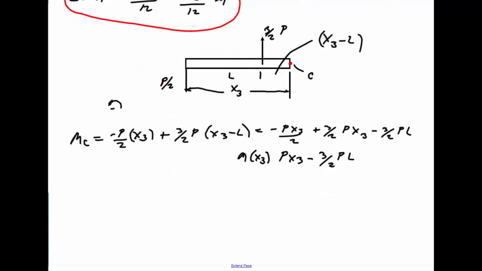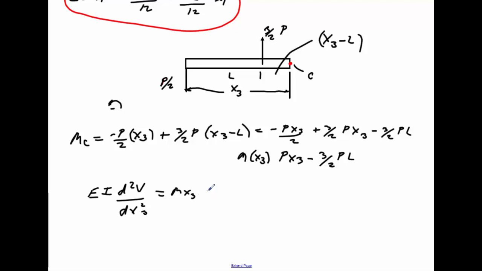Alright, now we go back to what we did before. We set up E I times the second derivative of my deflection with respect to x, and we'll make this x3. And we know that's going to be equal to our moment at x3.